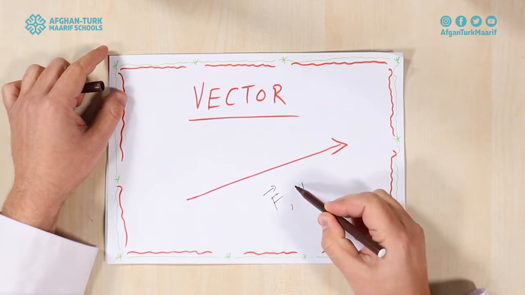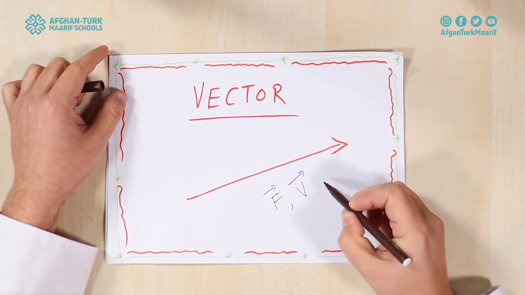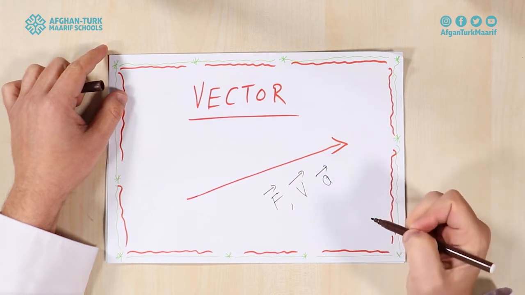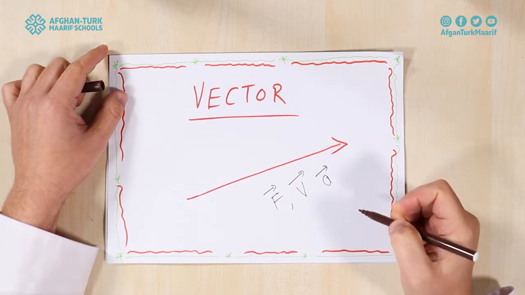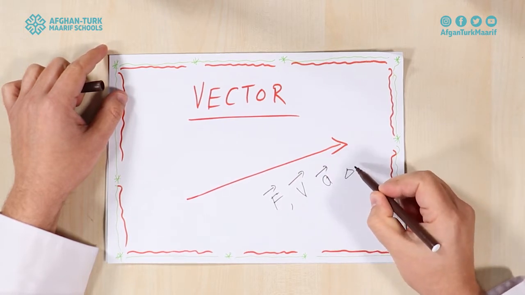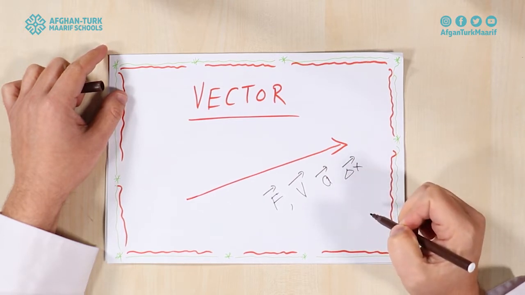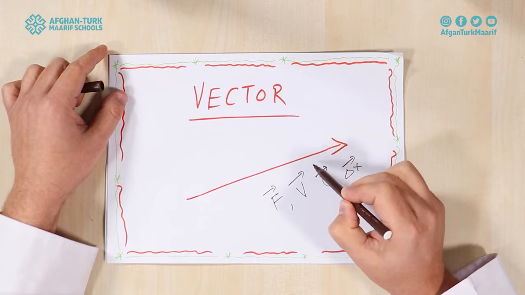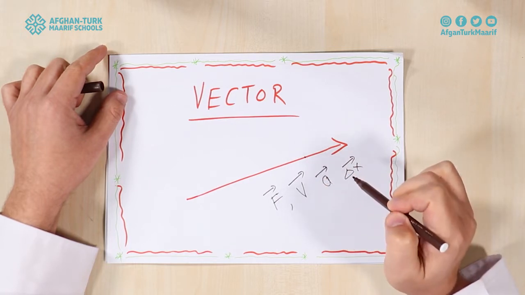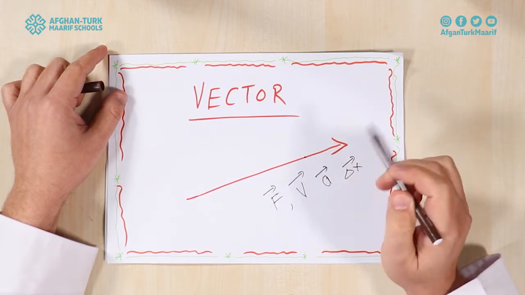Same like velocity, acceleration, and displacement, these are also vector quantities. We simply say this arrow represents the vector, so this is called our vector.